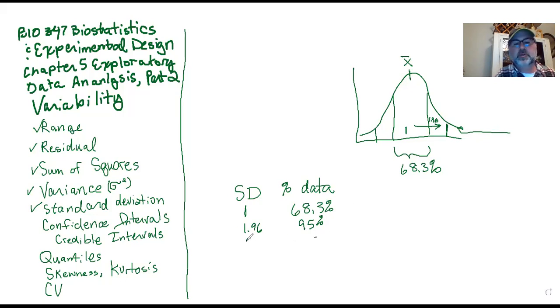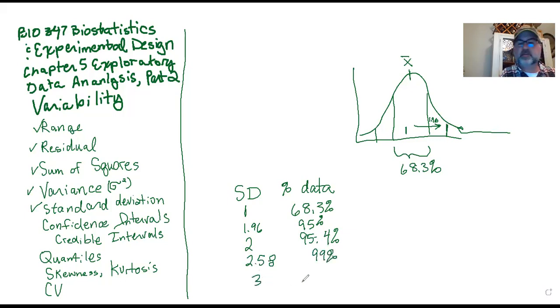Then 2 standard deviation units gets you 95.5. And then 2.58, another weird number, but that represents 99% of your data.